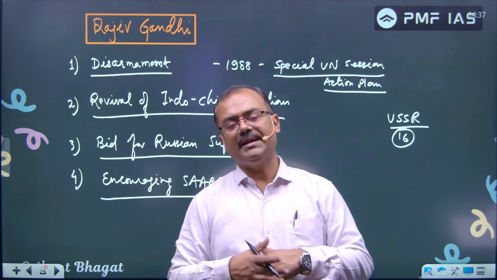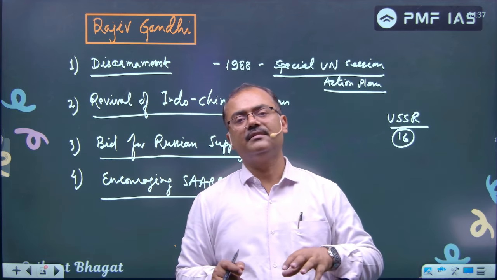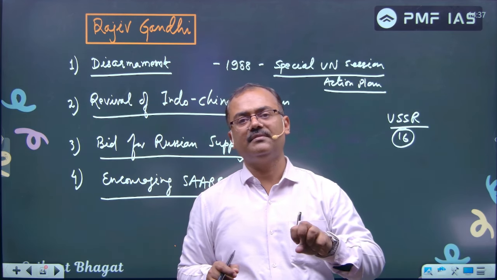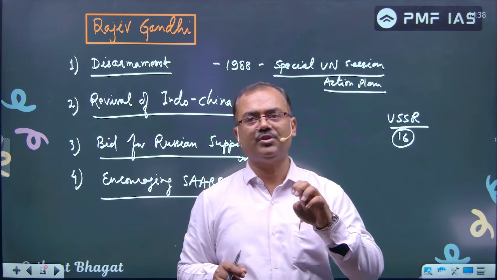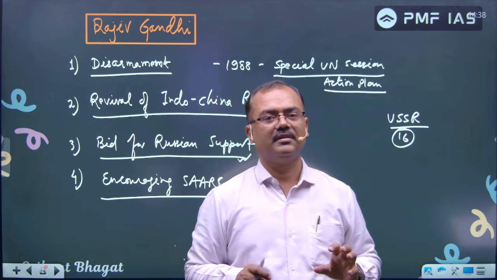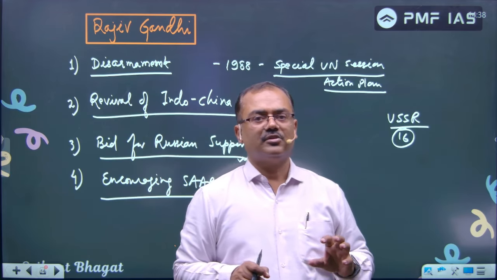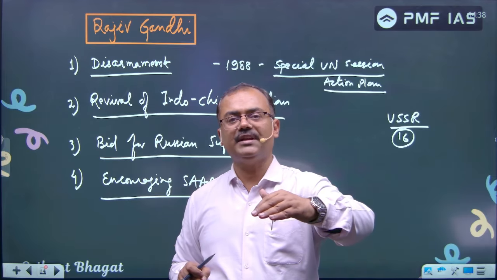And when Gorbachev came, he wanted to disintegrate. There were his two policies, Perestroika and Glasnost. So he was heading towards Perestroika and Glasnost.